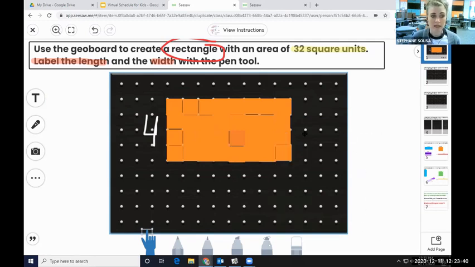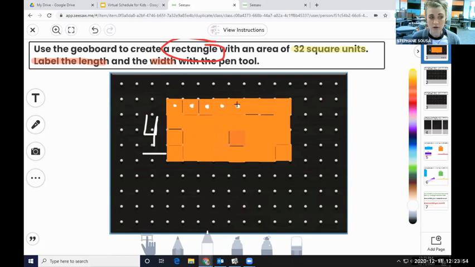Now I need to label my length. I've labeled my width right here, but I have not labeled my length. So I'm going to count how many squares this is. 1, 2, 3, 4, 5, 6, 7, 8.